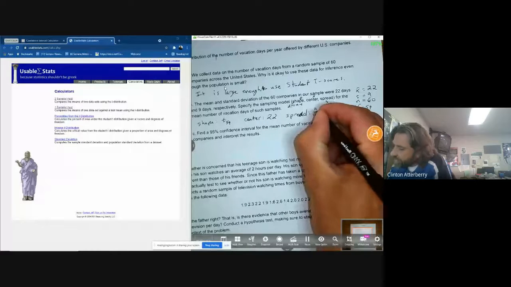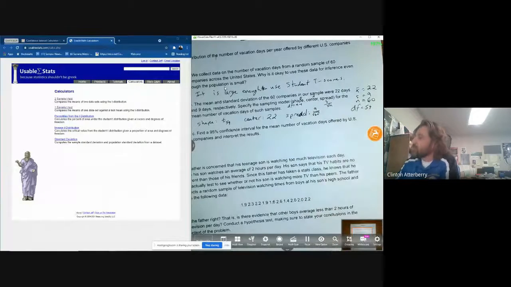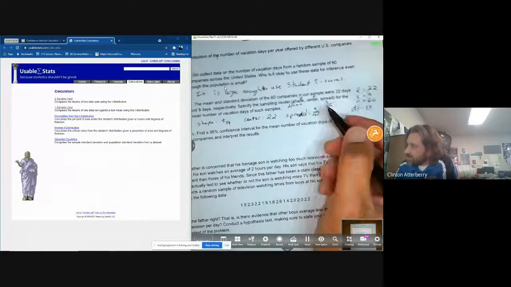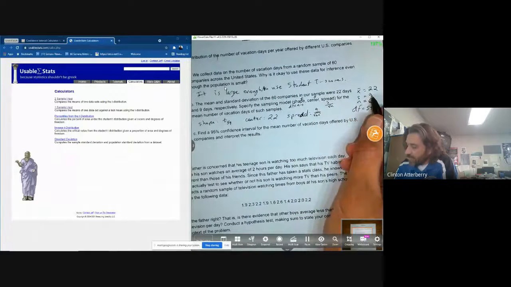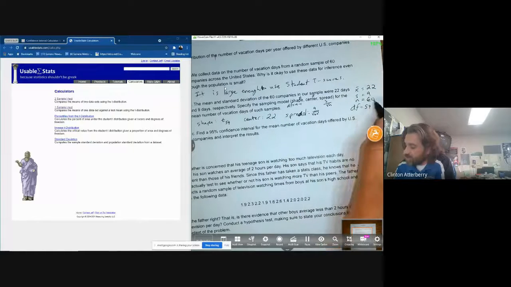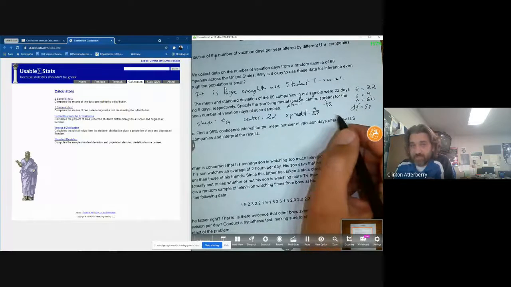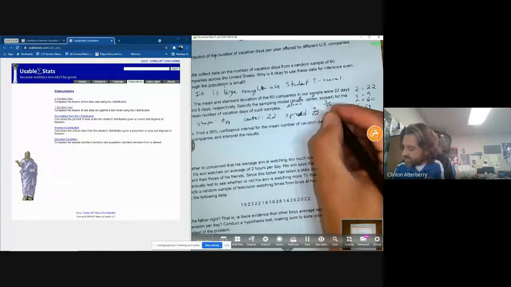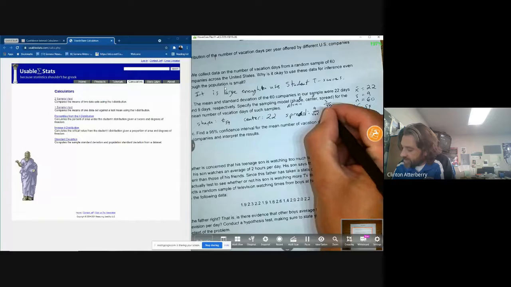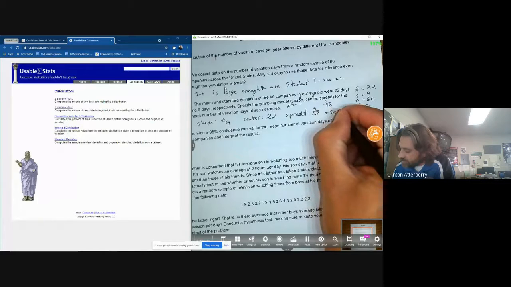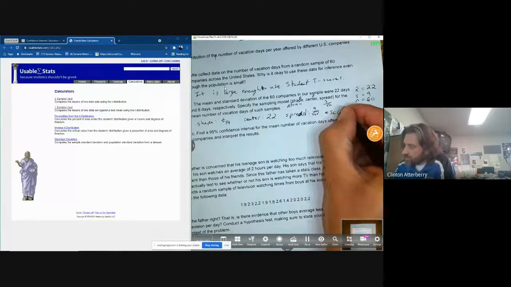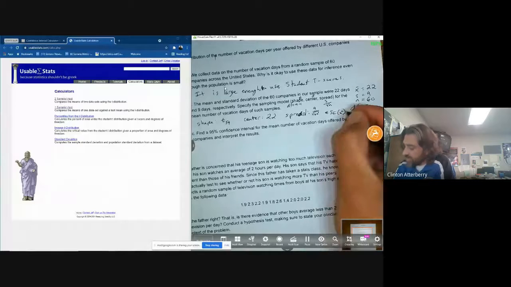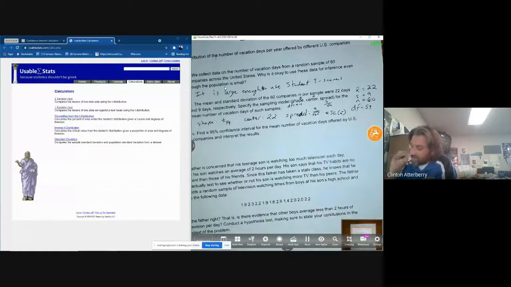Our spread would be the standard deviation of 9 divided by the square root of our sample size. That is going to be your spread value. That's like our standard error. So that right there is the standard error of our average. So we find the average, and that's the standard error of that.